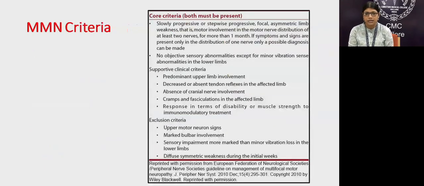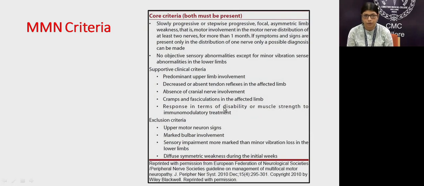Just to also sensitize, there is a criteria for multifocal motor neuropathy also, and exclusion criteria is if there is UMN syndrome, marked bulbar involvement, sensory impairment which is more than a mild minor vibration loss, and diffuse symmetric weakness during the initial presentation.